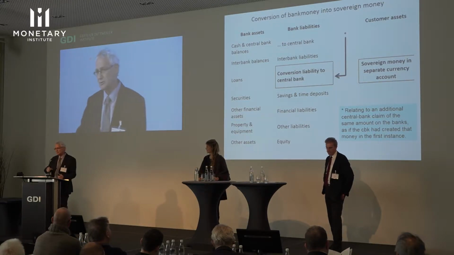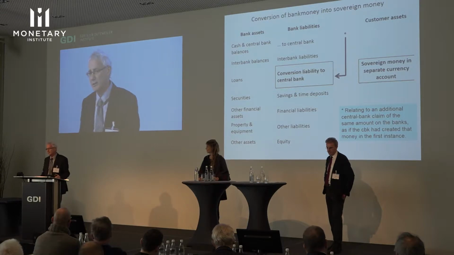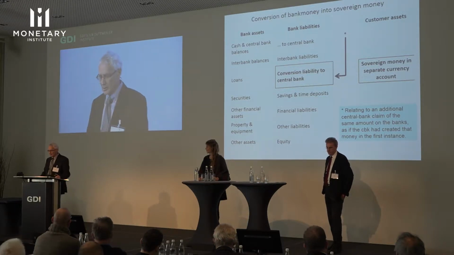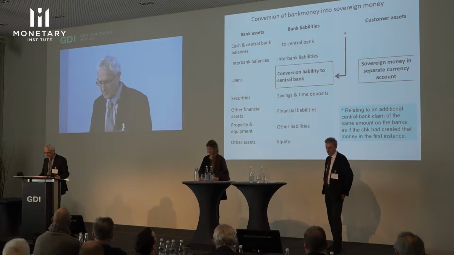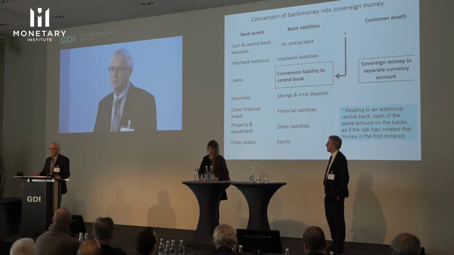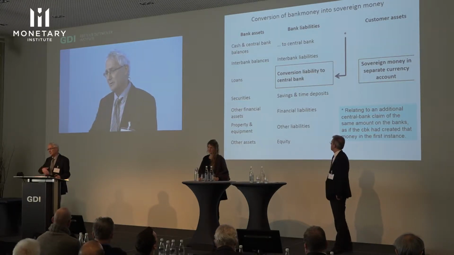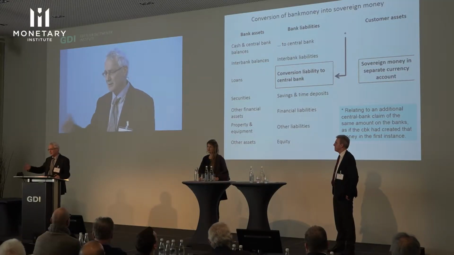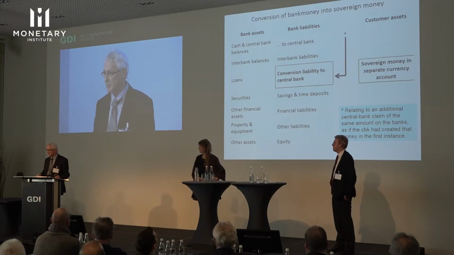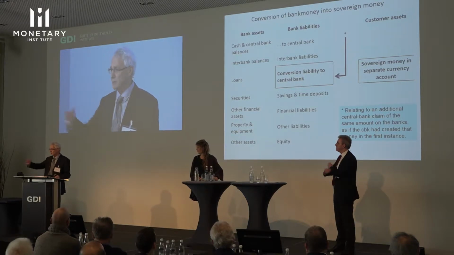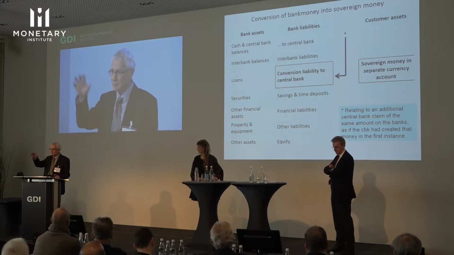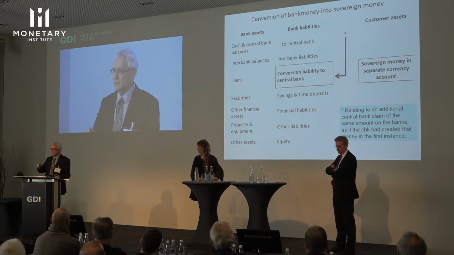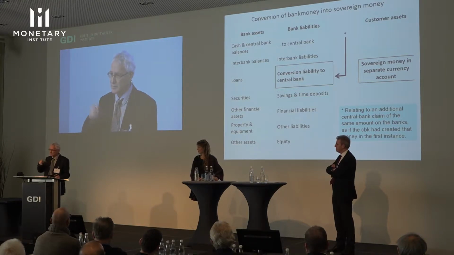So the position, the former overnight liabilities to customers, would at the same time be converted into a liability to the central bank, as if the central bank had created that money from the beginning. Because otherwise, once the reform has taken place, money flowing back to the banks would no longer be bank money that is deleted upon the reflux, but sovereign money that would not stop to exist.